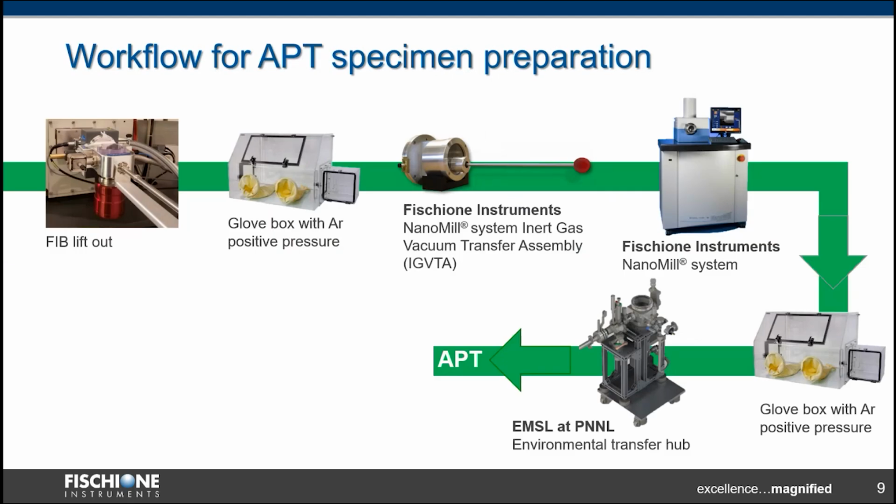Once SEM characterization and FIB sample preparation were finished, the sample was transferred to the NanoMill system to remove the gallium ion damage, and the final gallium-free APT sample was transferred to the APT for measurements. This transfer was done using the PNNL transfer hub, as you can see here.